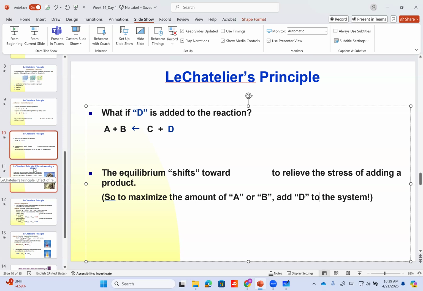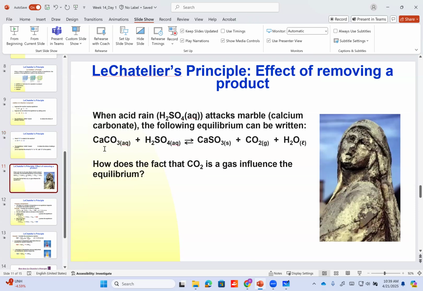Now we're going to look at a real life application. For example, this is the reaction. Think about acid rain. When acid rain falls on statues like these, which are made of marble, and marble is calcium carbonate, H2SO4 is my aqueous rain.